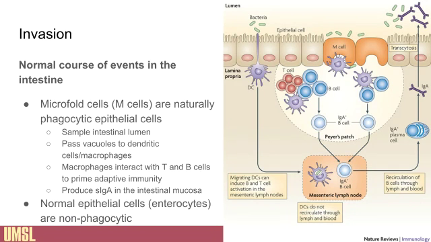So they're essentially developed differently than your normal run-of-the-mill epithelial cell, in that they engage in active uptake of things from the lumen. And so they're basically swallowing and making vacuoles of stuff that's out in that mucosal layer surrounding the surface of these epithelial cells.